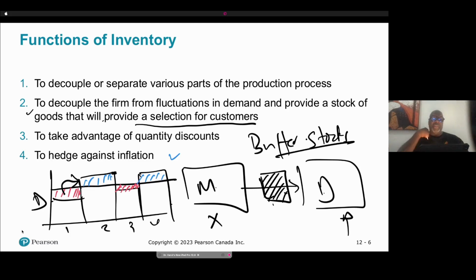In which case you would have been hedging. You might have bought all of the materials before, even though you may not have been ready for your renovation. And that material will be sitting there, well, that's inventory. And then you have capital tied up in that inventory. But because you're anticipating some inflation, you decided to incur some inventory costs so that you could hedge against the inflationary price associated with the items.